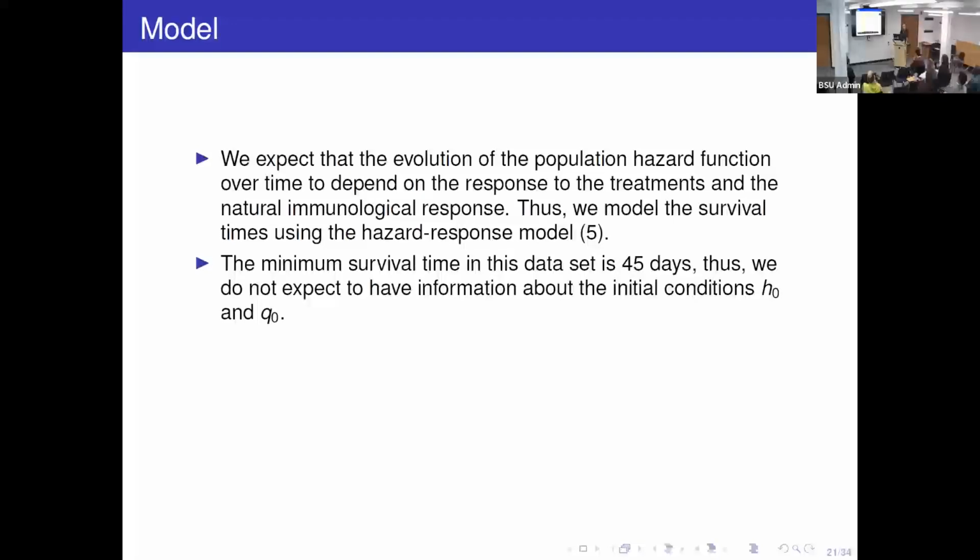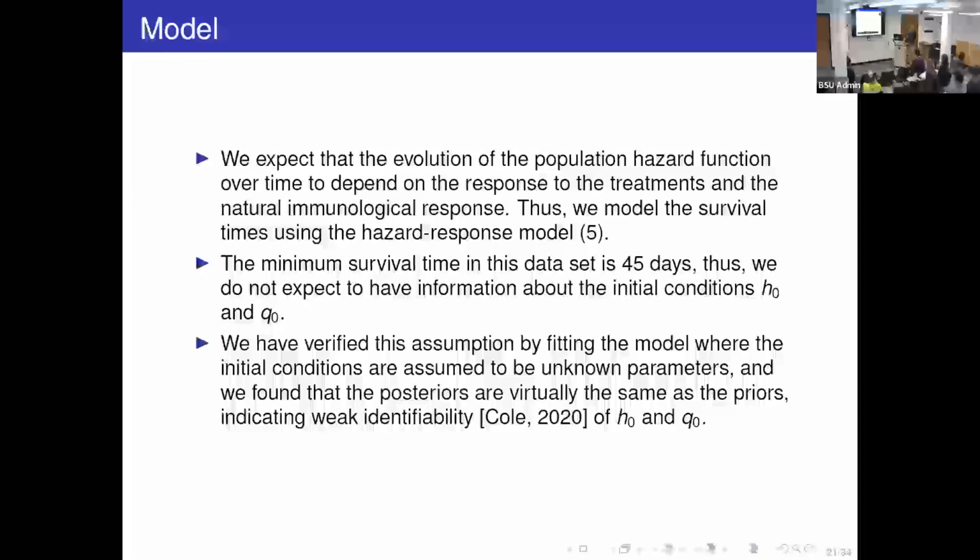The minimum survival time in the data is 45 days. So at the beginning, we said we are not going to have information about the initial conditions, especially because we need two initial conditions, one for the hazard function, one for the response function. And we verified this by fitting the model.